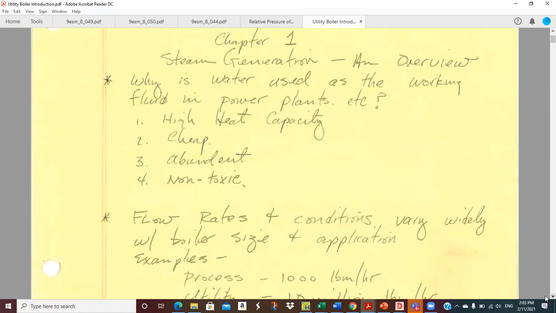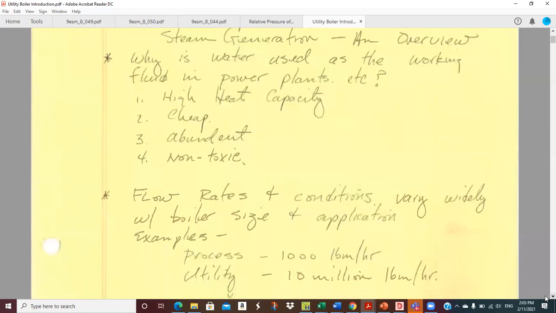It's pretty darn cheap. In a lot of cases it's free or almost free. It's abundant, it's non-toxic. Those are all really good characteristics for a working fluid. So we like water as a heat transfer fluid.